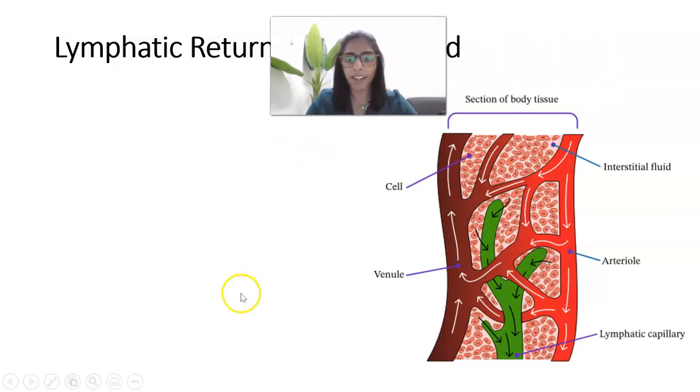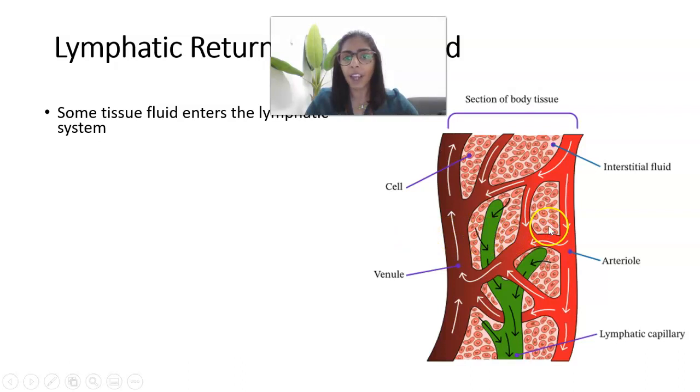Okay, so we have another diagram showing the lymphatic system and how it's integrated with the tissues of the body and the blood vessels also. So we now understand that from the arterial end of the blood, it turns into blood capillaries, and at that point we have high pressure filtration.